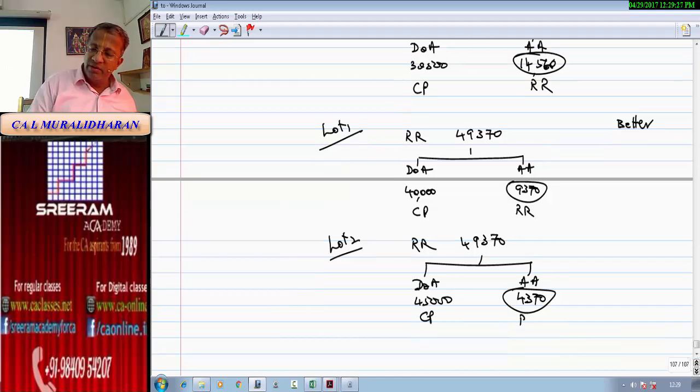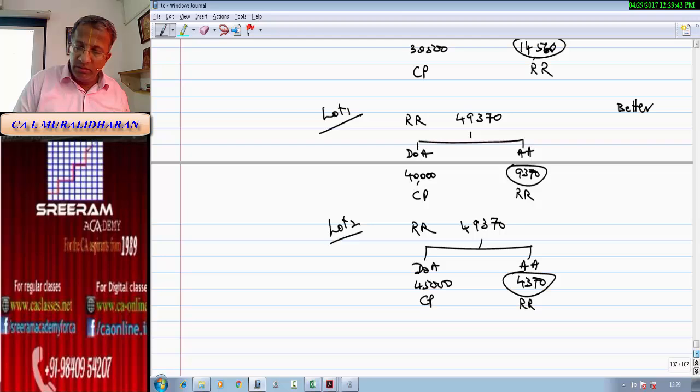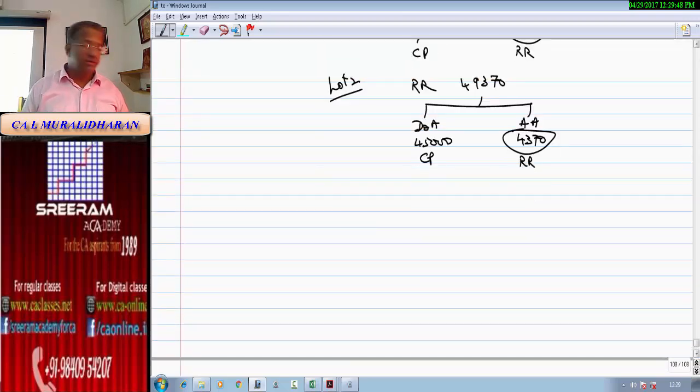Capital profit, revenue reserve. So adjustment number 3 we will simply ignore, or in fact we are not supposed to include, because they have already accounted. So we have got to deduct like debtors and creditors. That is what we have got to do. Are you understanding? There is no stock reserve.